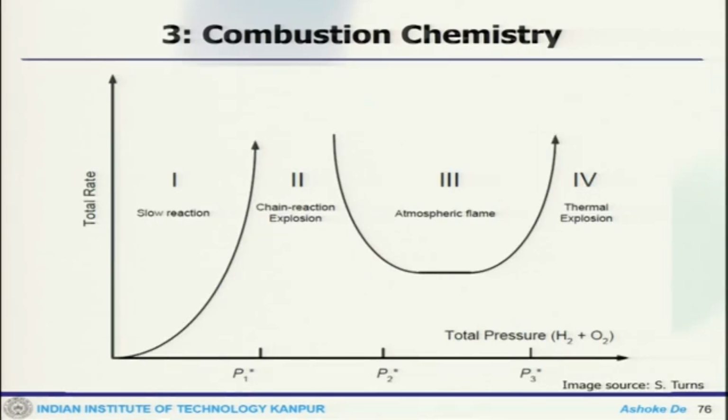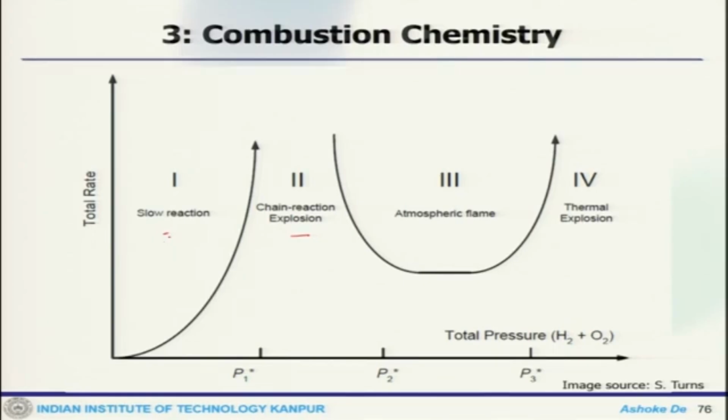If you look at the total rate against total pressure for hydrogen and oxygen, the first regime could be slow reaction, the second regime could be chain reaction explosion, and the third would be atmospheric flame thermal explosion. So, in step 1, the reaction is wall recombination limited and proceeds to a steady state.